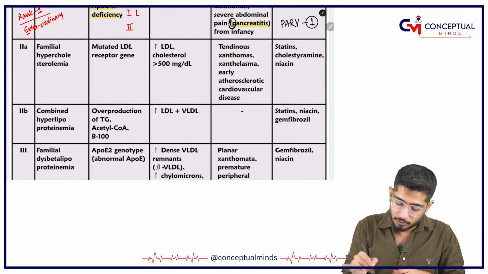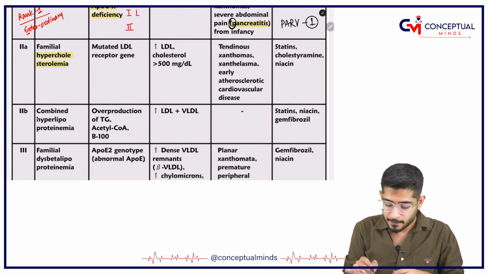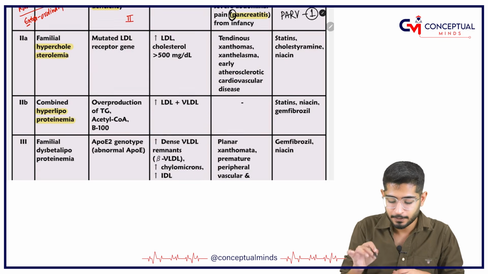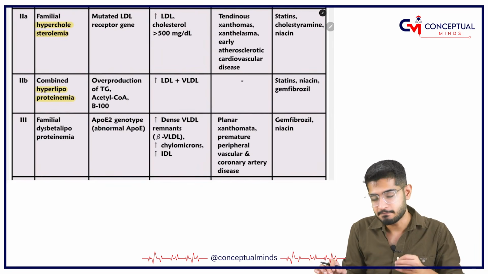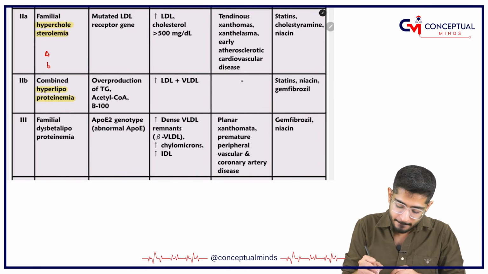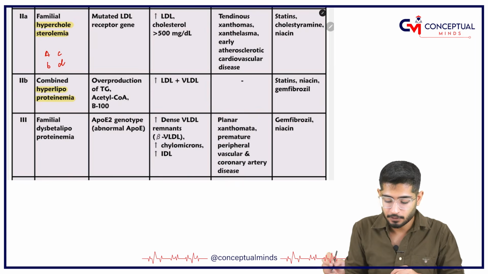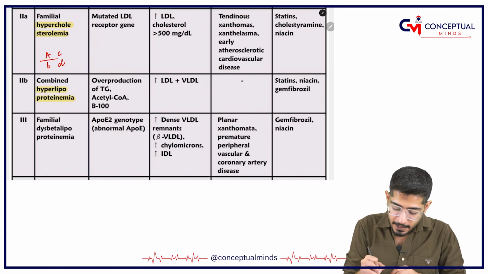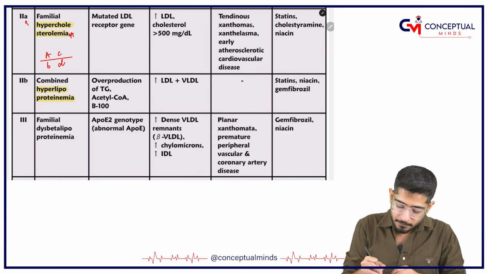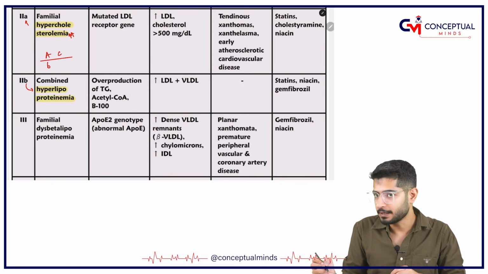Second is divided into two parts: familial hypercholesterolemia, and second is hyperlipoproteinemia. Remember, very important thing, you have A, B, C, D, like that. A and C come together, so cholesterol comes together with A, and B does not have C with it, so B is going to have hyperlipoproteinemia.